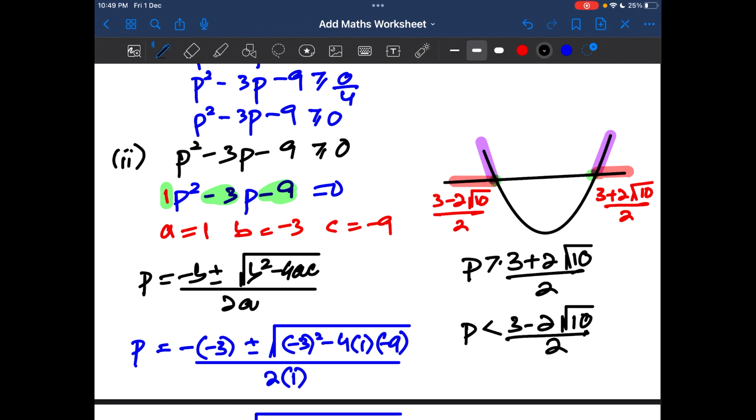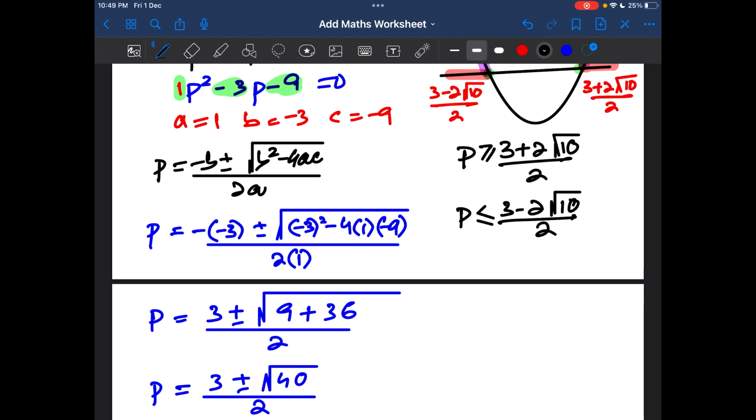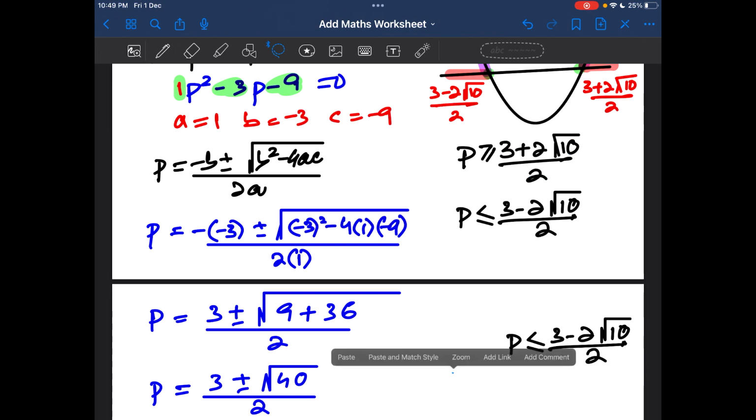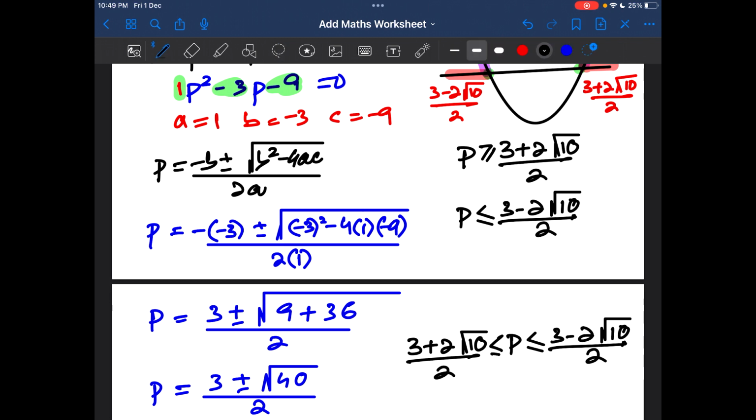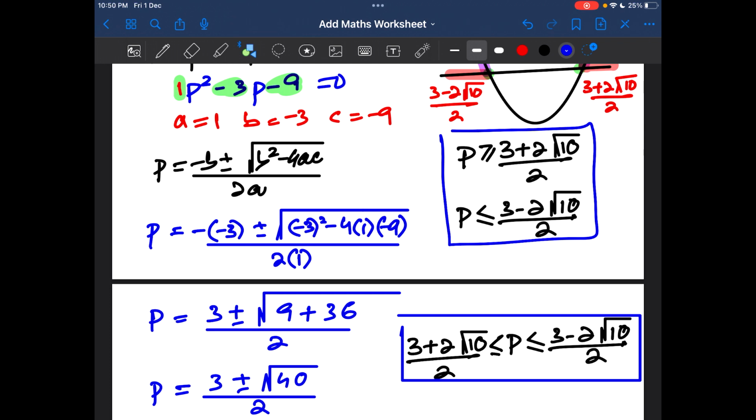So we are going to write p is greater than or equal to and p is less than or equal to this. We can also write the answer in a combined form: p is less than or equal to 3 minus 2 root 10 upon 2, and p is greater than or equal to 3 plus 2 root 10 upon 2. This is also your answer for this question.